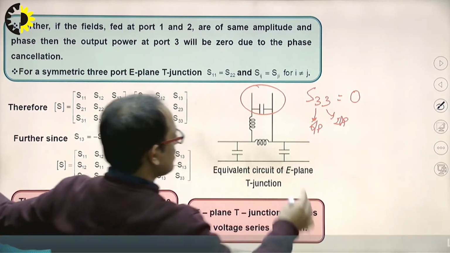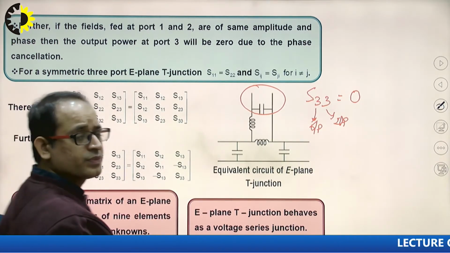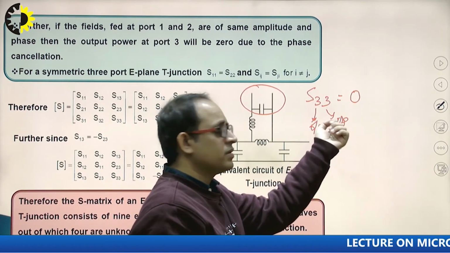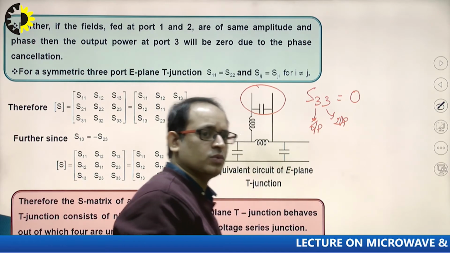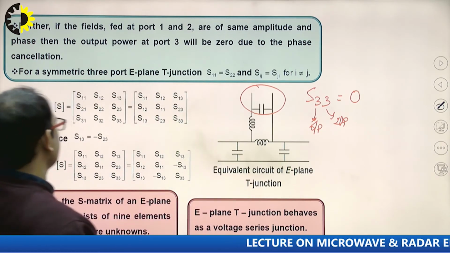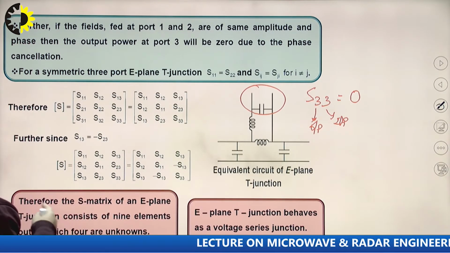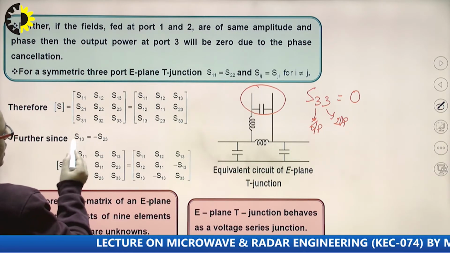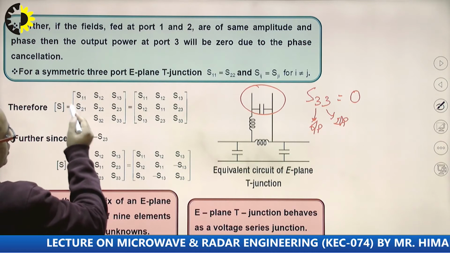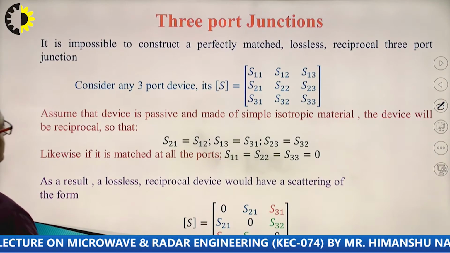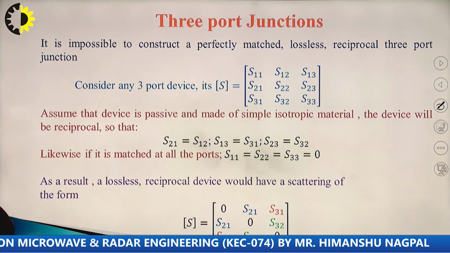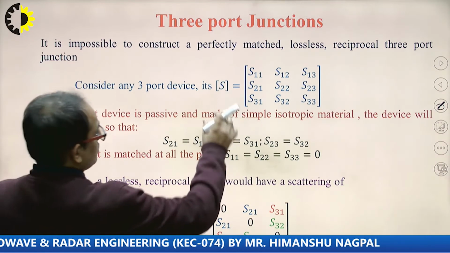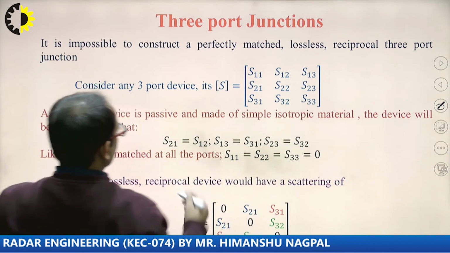As if I say port number 3 is a matched network, then S33 will be equal to 0. Clear? Now see, this one is the matrix.